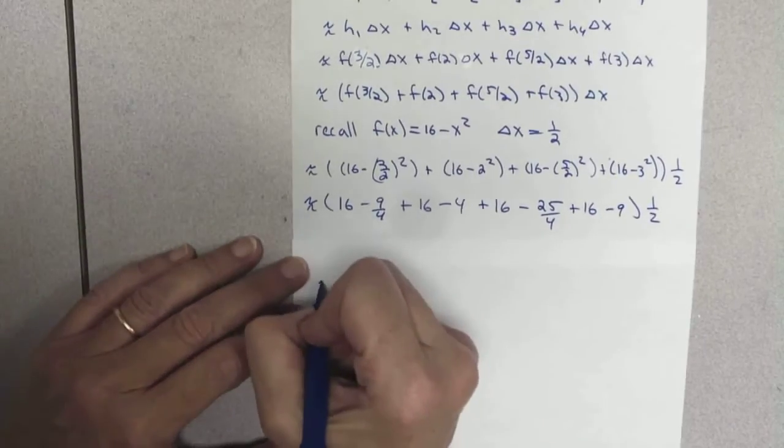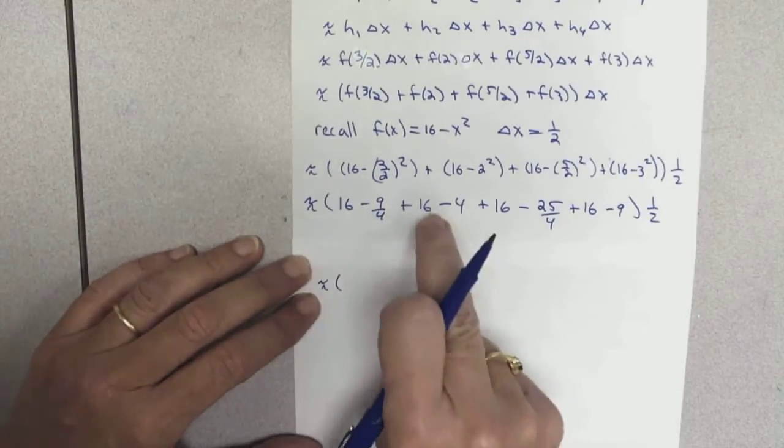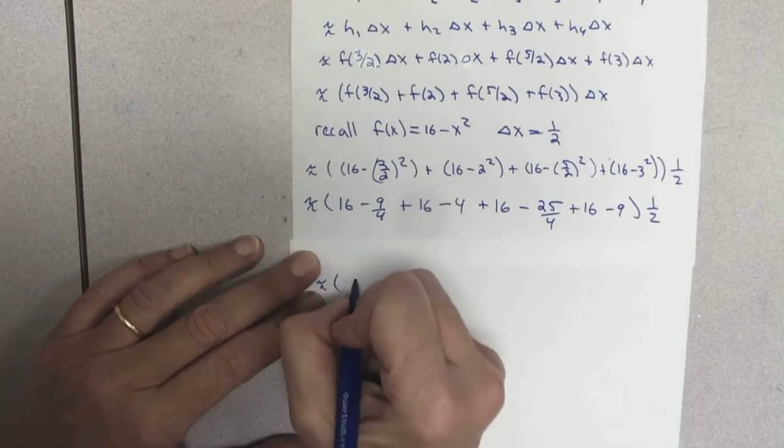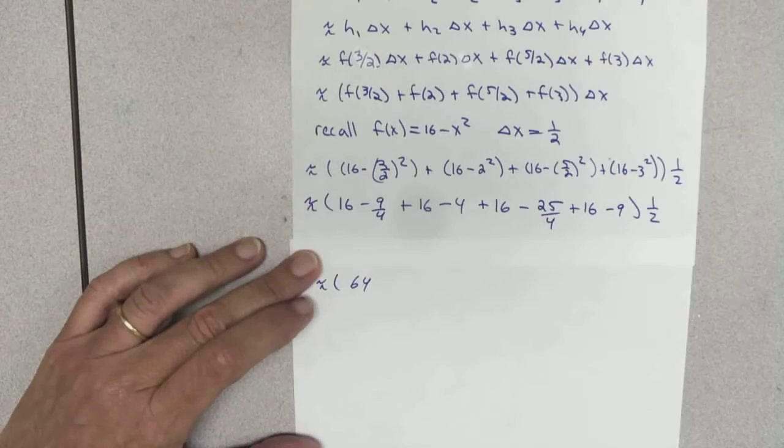So what do we got here? 16 plus 16 plus 16 plus 16. I got 4 16s there. That's going to be 64.